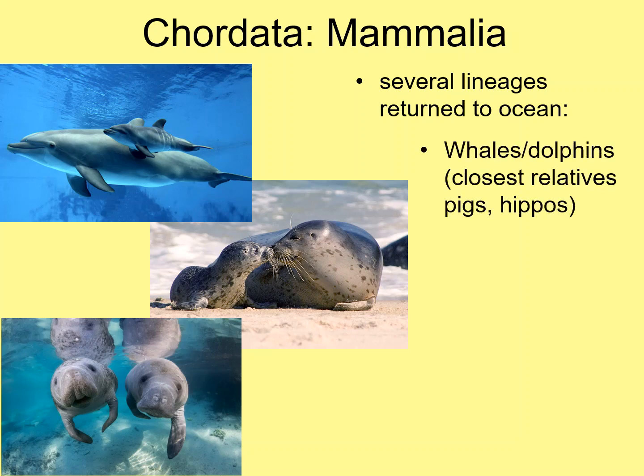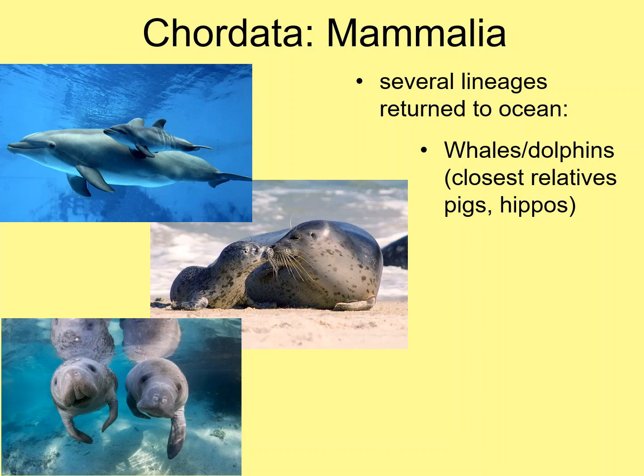So at least, most likely about 5 or 6 times. We have our otters, polar bears most recently. They're sort of the least well adapted to an aquatic existence so far. We have manatees and dugongs, manatees are on the bottom left there. Their closest relatives are actually elephants.